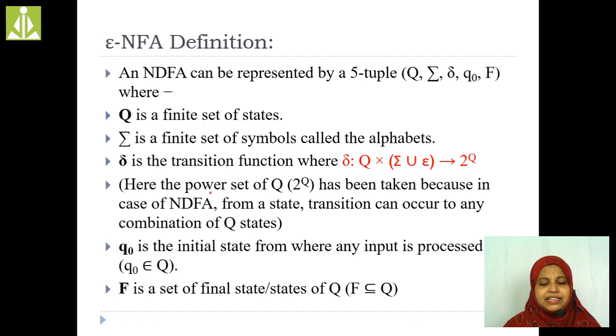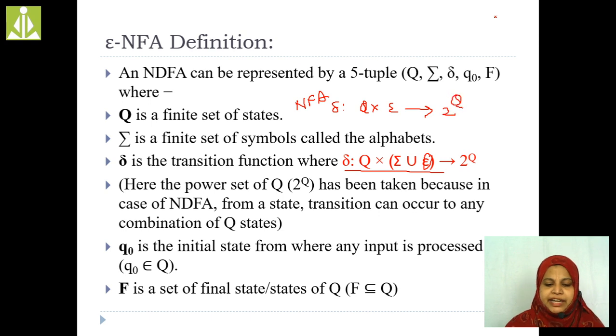Delta is a mapping function from Q cross sigma union epsilon into 2 power Q, whereas in case of NFA the delta function is Q cross sigma into 2 power Q. Here NFA with epsilon is the extension of NFA, and we are going to use the empty string. That's the reason for Q cross sigma union epsilon into 2 power Q.